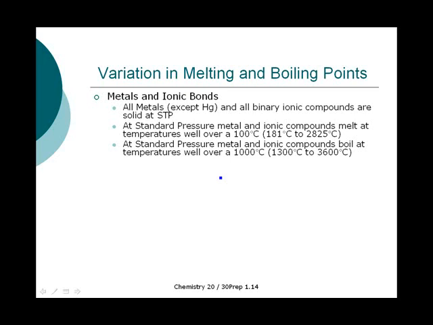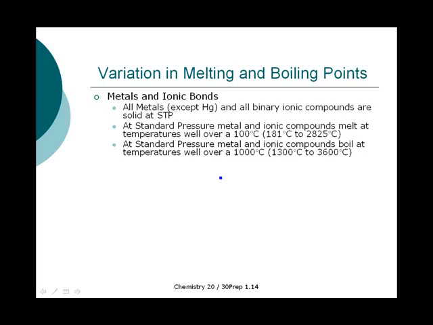If we look at their boiling points, again, their boiling points are very, very high, well over 1,000 degrees Celsius to boil metallic or ionic compounds. And this is the idea of trying to boil, say, a sample of iron. Iron doesn't boil until you get to extremely hot temperatures. Its boiling point is actually on the periodic table. So if you look at something like iron, it doesn't boil until 2,861 degrees Celsius.